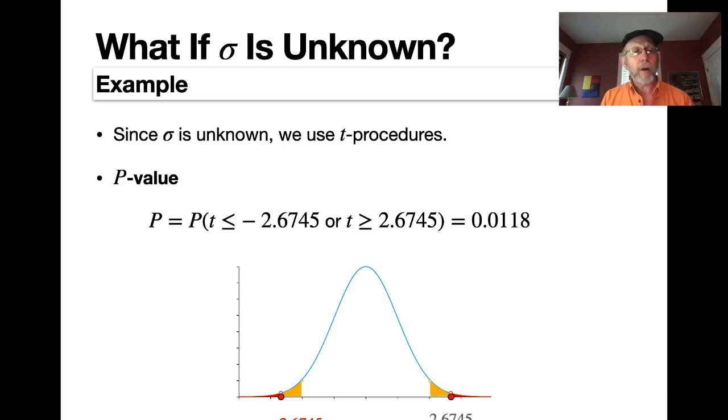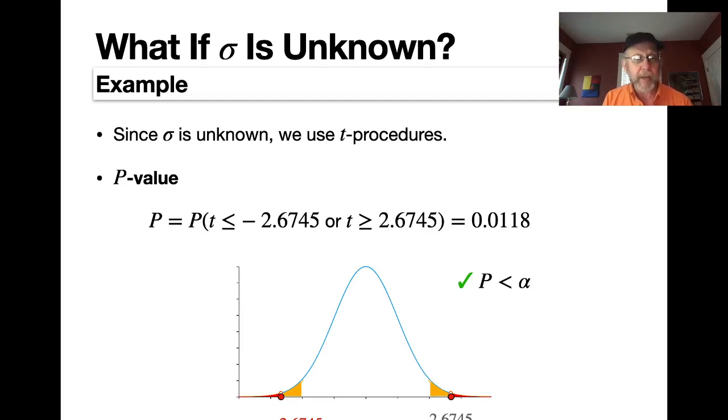So recall our alpha value was 5%, our p-value is about 1%, so we do have that our p-value is less than our alpha value. So by the p-value criterion, we would reject the null hypothesis at the 5% significance level. You can also see from the picture that our observed t-score is in the rejection region of the significance test.